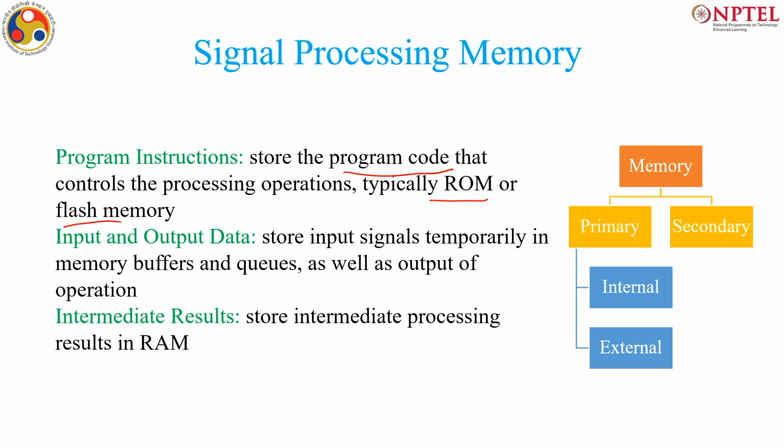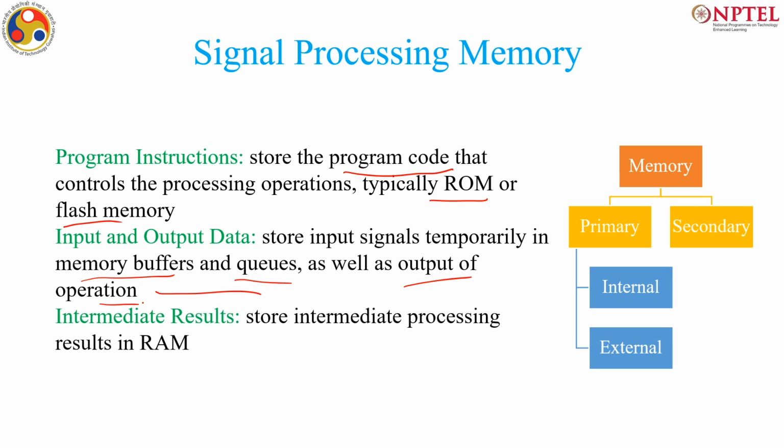So, the signal processing system will do convolution on whatever data is coming. Then input output data, and these are typically variable data, like now the input is different, after 1 hour the input will be different. So, this memory should typically be temporary and stored in memory buffers and queues, and similarly the output of the result.